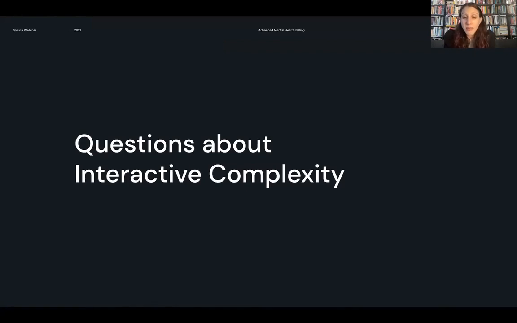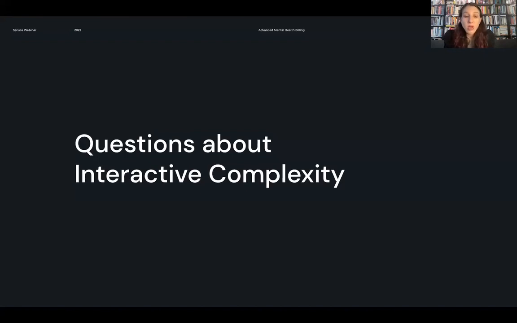So it is not appropriate with minors to add interactive complexity just on the basis that the caregiver had some interaction with you. You would need there to have been a more complex interaction, a conflict of some kind, a situation where perhaps you also had to talk to the teacher or some other additional party.